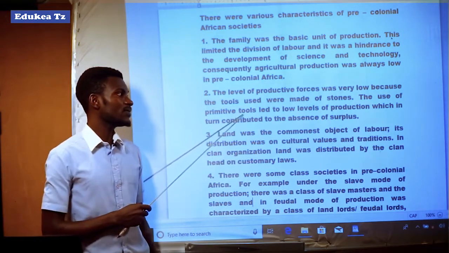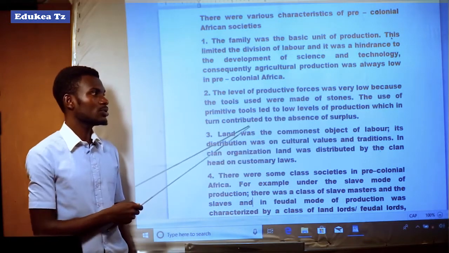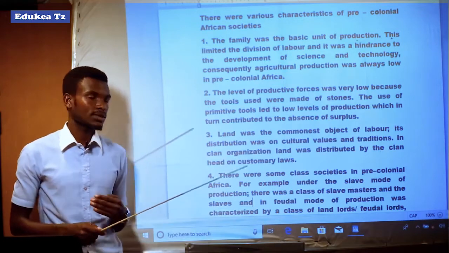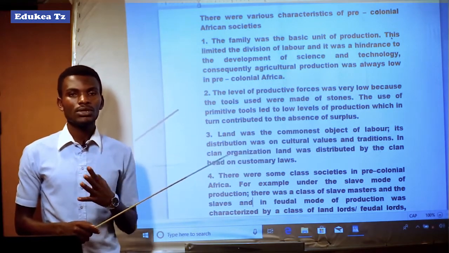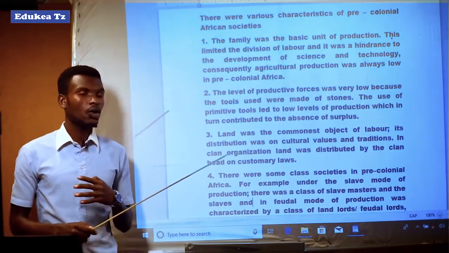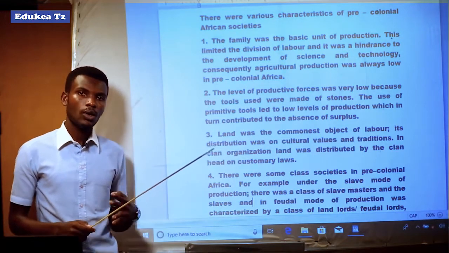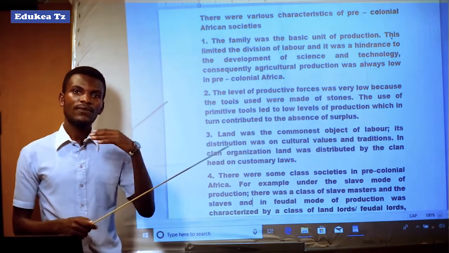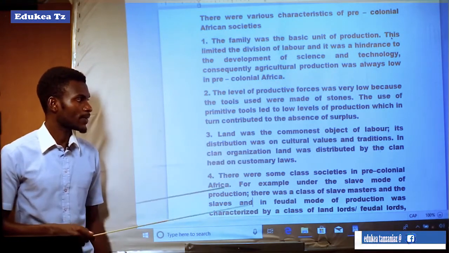The use of primitive tools led to the low level of production, which in turn contributed to the absence of surplus that could be used for future use. It means that the use of primitive or local tools in production led to a low level of production, and there was no surplus that could be used in future consumption.